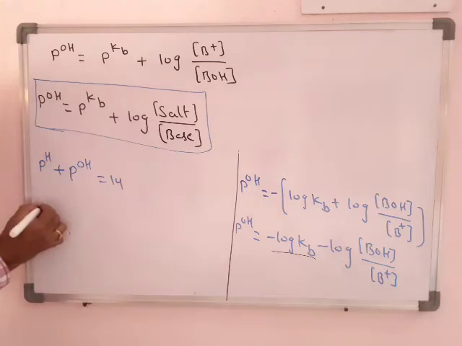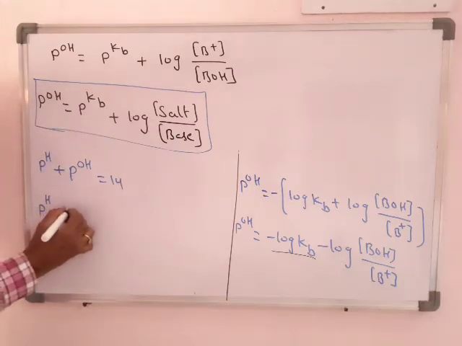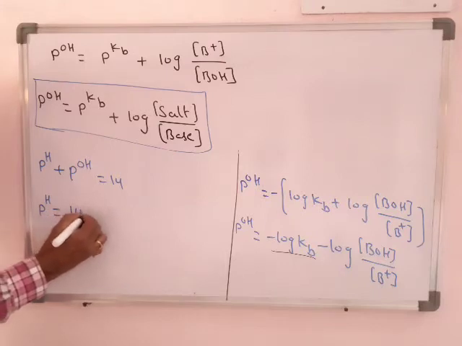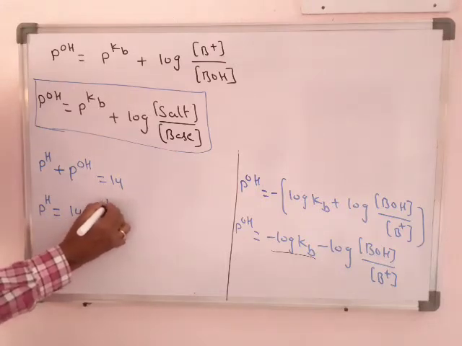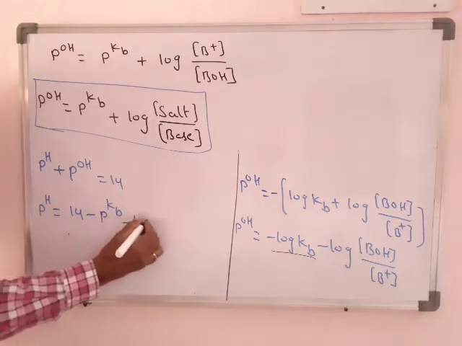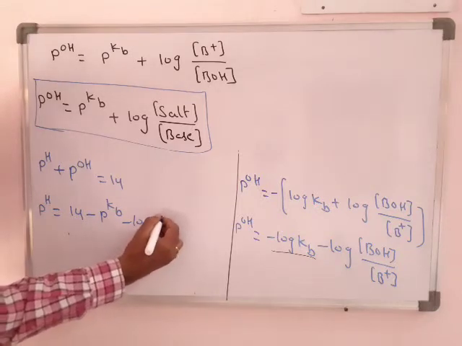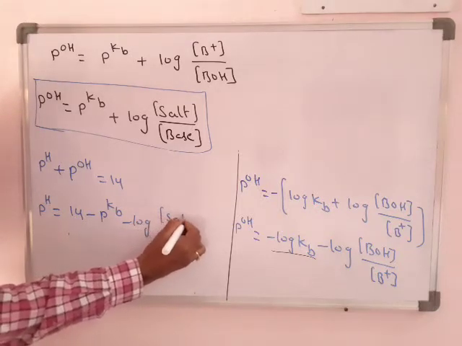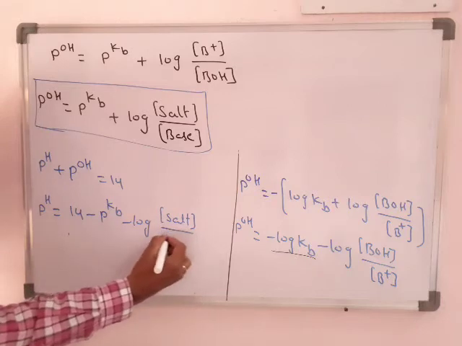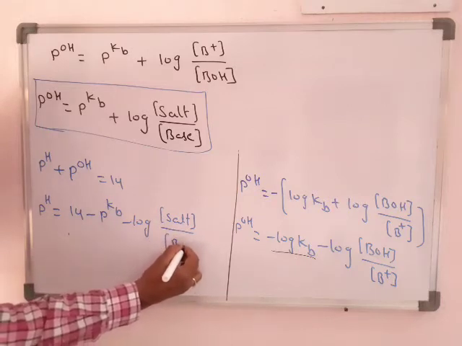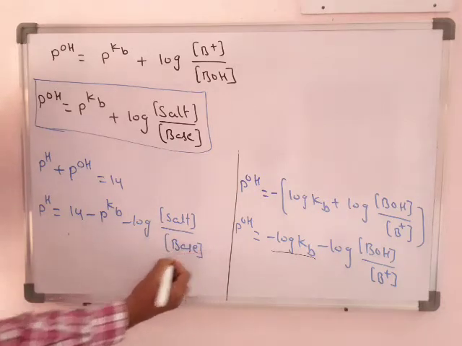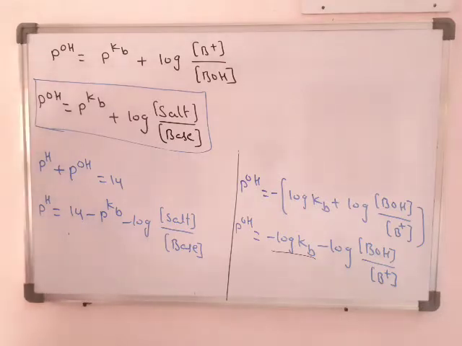So therefore, what is the pH of this basic buffer solution? That is equal to 14 minus pKb minus log salt concentration by base concentration.